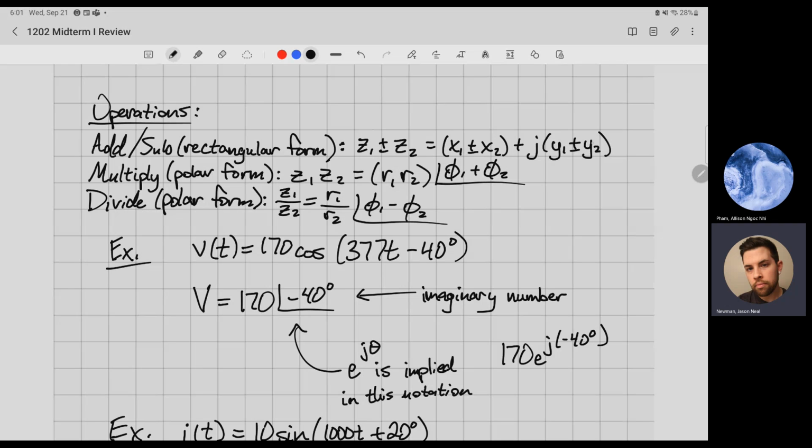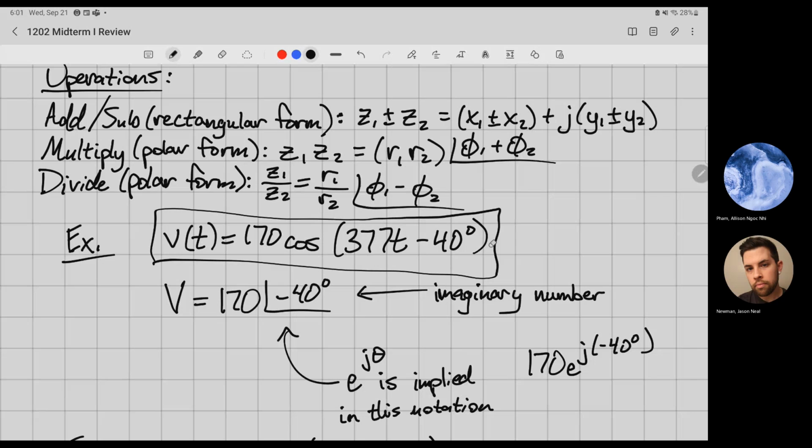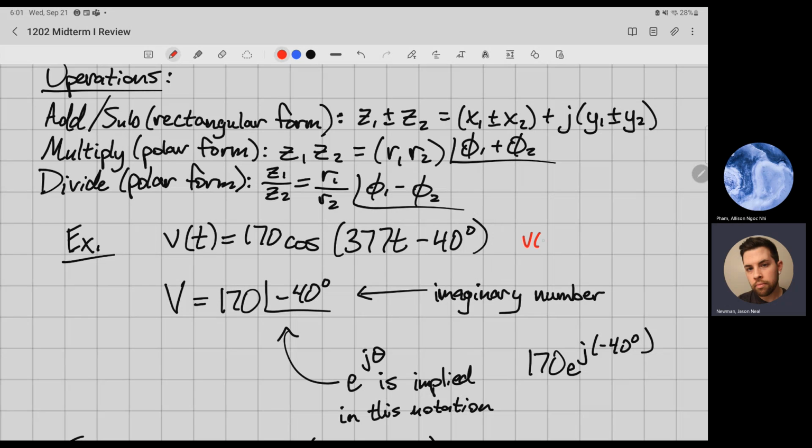That's probably the simplest way to do it. So let's do a quick little demonstration. Say you're given this function right here, and they ask you to convert it to phasor form. So we know that v of t is equal to Vm sine omega t plus phi.